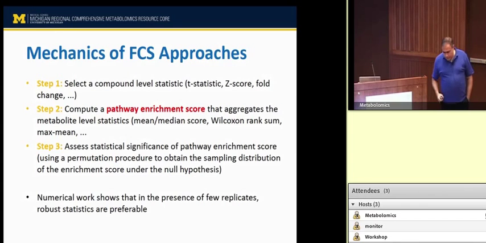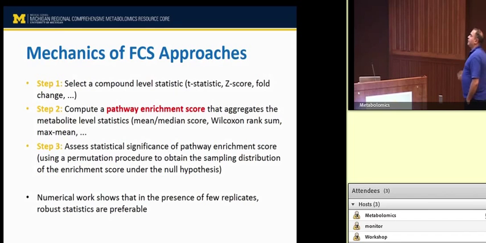For example, if we go back to the example that Anu talked about, where there were only 3 replicates for the cell lines, probably using a t-statistic is not a very good idea with 3 replicates. In that case, maybe you need to use a rank sum test or some more robust statistic before you try to calculate the pathway enrichment score.